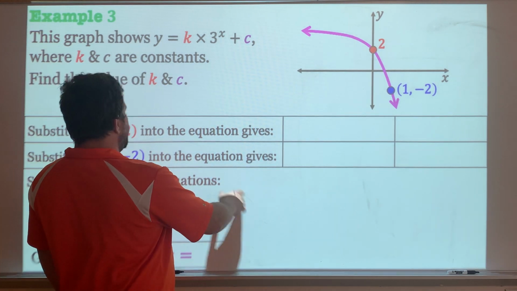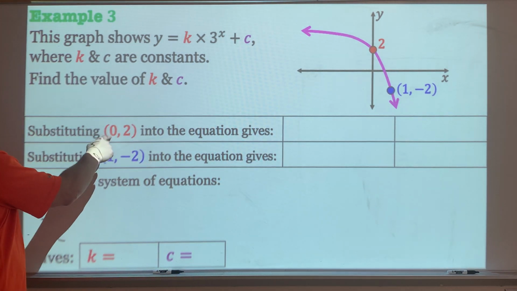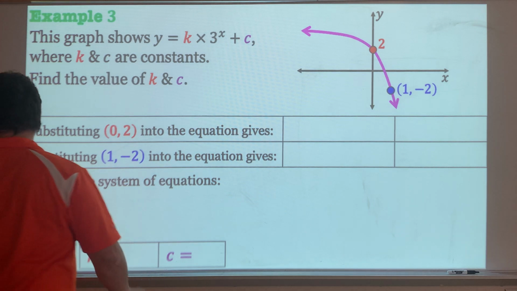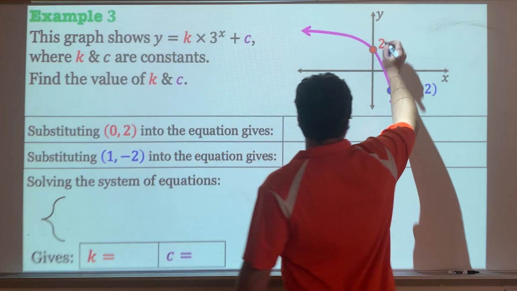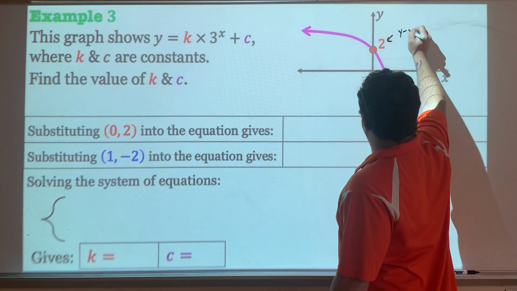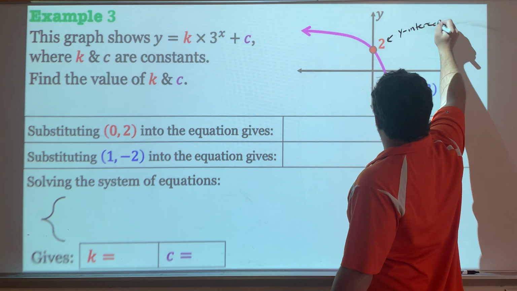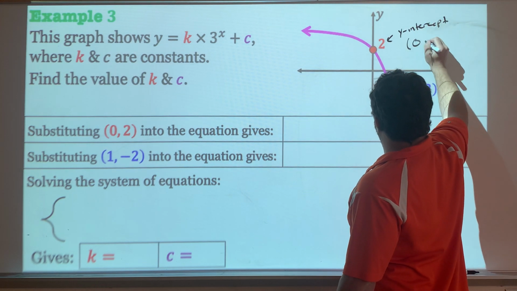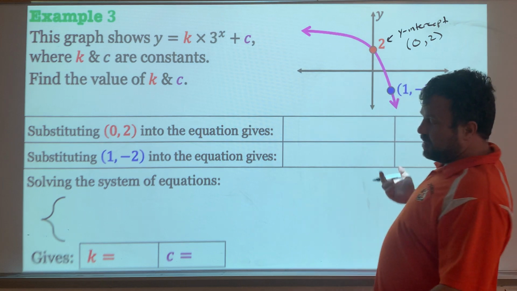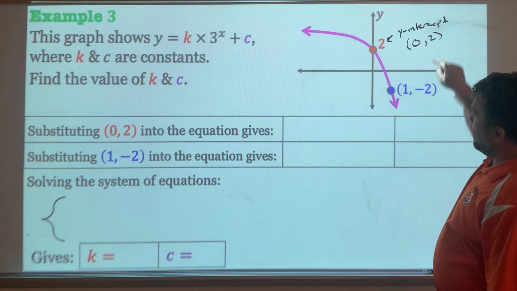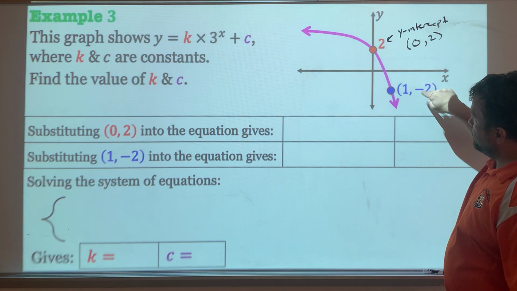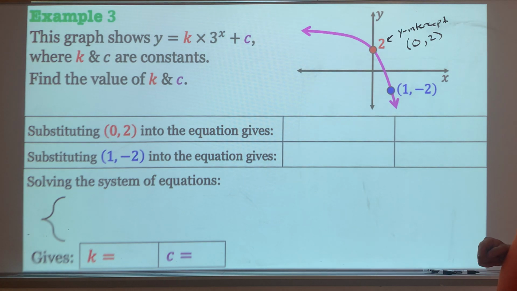So here's how it works. First thing you're going to do is create the first equation. You're going to substitute in (0, 2) into the equation. Well, this right here is your y-intercept. So it's not just 2, the point actually is (0, 2). You just don't put the 0 because it's there. That's point 1, and point 2 is (1, -2).